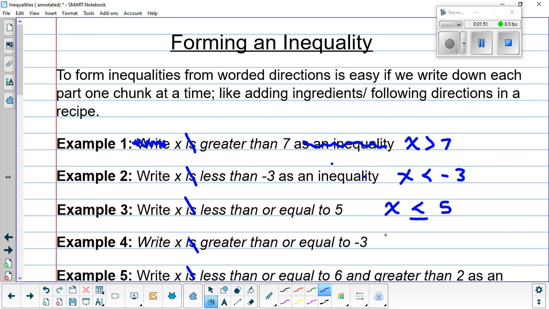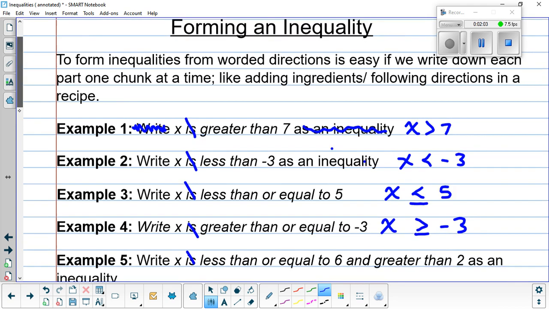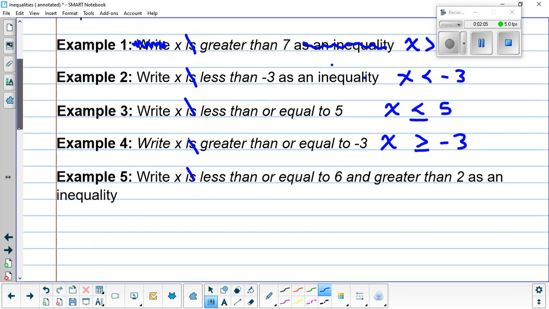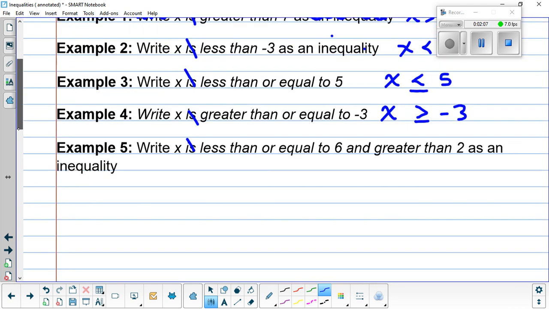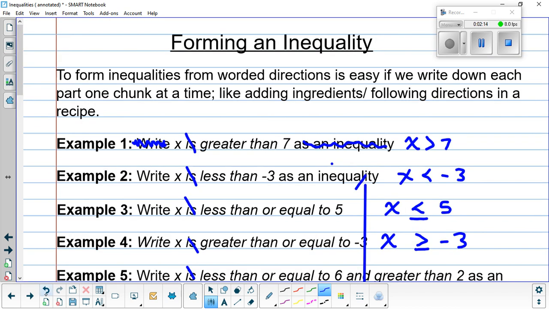Example 4, once again, x, and we have greater than, then it says or equal, so put the line, and then -3. Example 5, here x is less than, okay, so x, whoops, sorry about that.